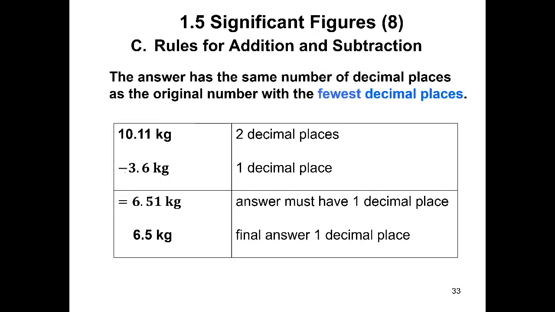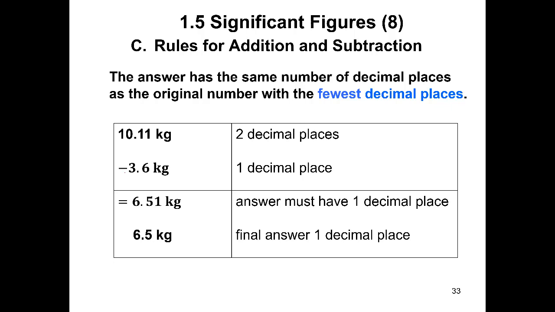Now, in multiplying and dividing, you're going to use the least number of significant figures. If you add or subtract, you're going to use the lowest number of decimal places, okay? So when you add or subtract, you're going to use the lowest number of decimal places to figure out what your sig figs are, your significant figures are.